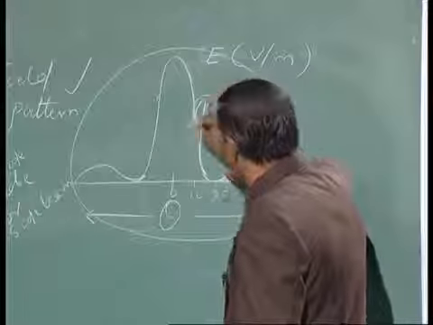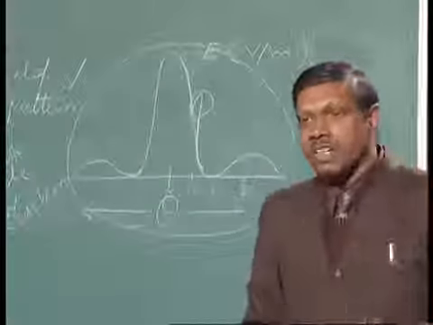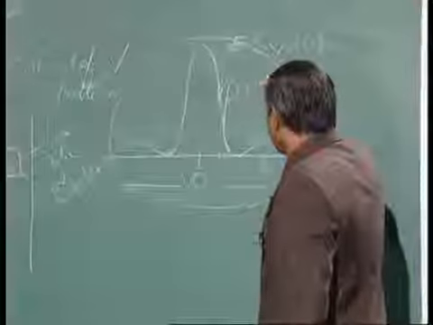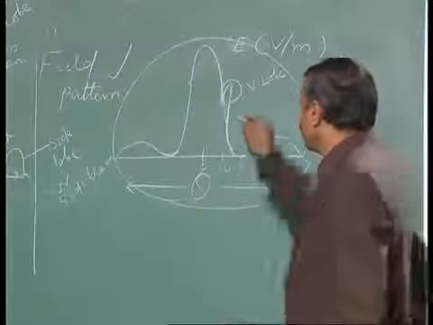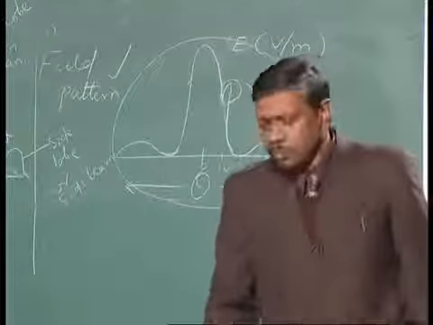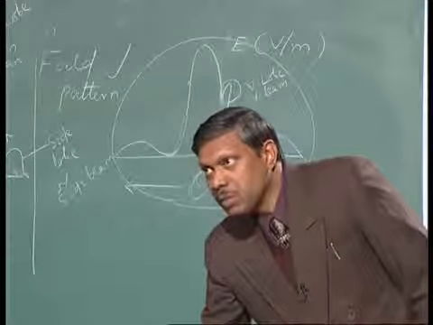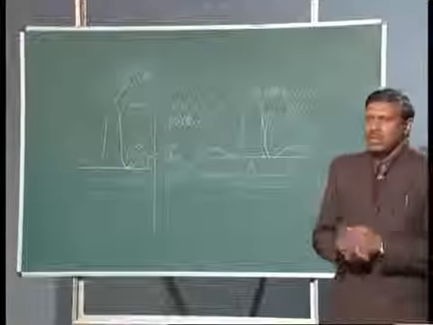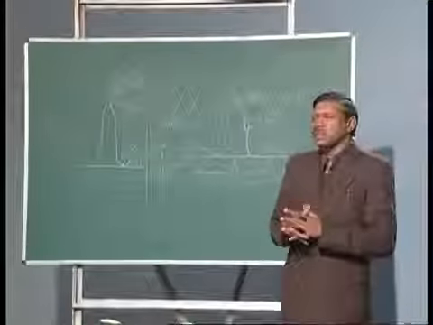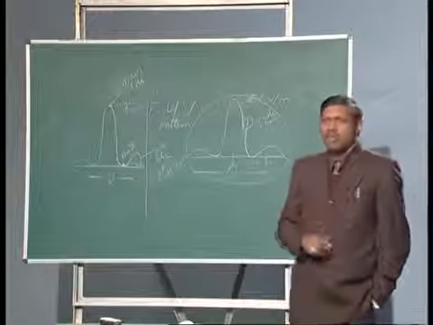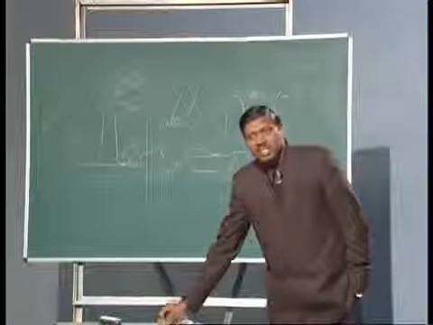This particular lobe which appears on the side of the main lobe as part of the main lobe without touching a null is called the vestigial lobe or the vestigial beam. Similarly, the lobe which is exactly opposite to the main lobe, as shown in the slide, is called the back lobe. So, depending on the distribution, depending on the signal strength, we classify the radiation pattern into main lobe, side lobe, back lobe and vestigial lobe.